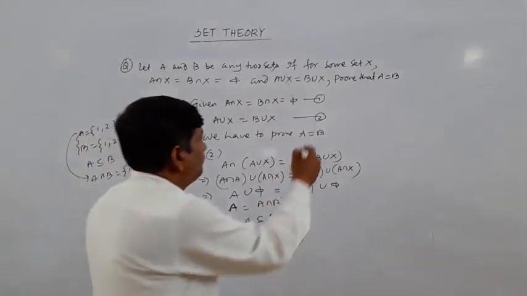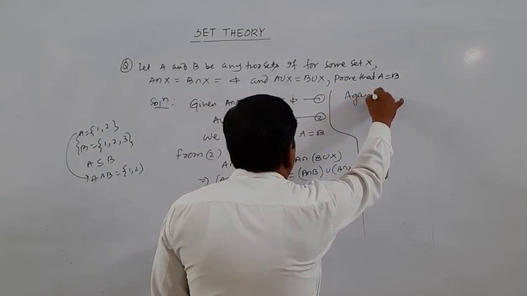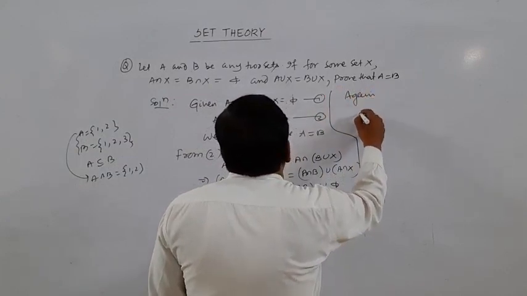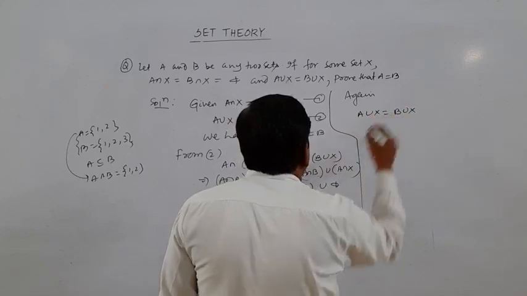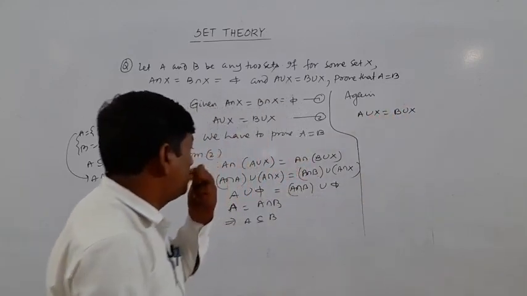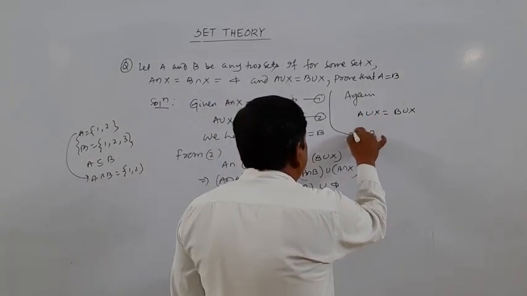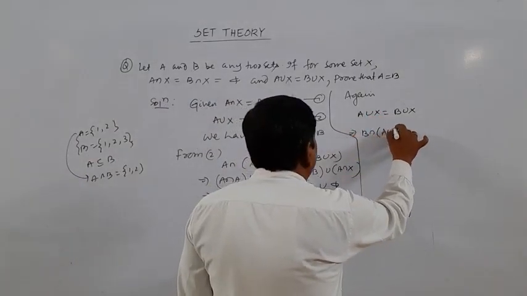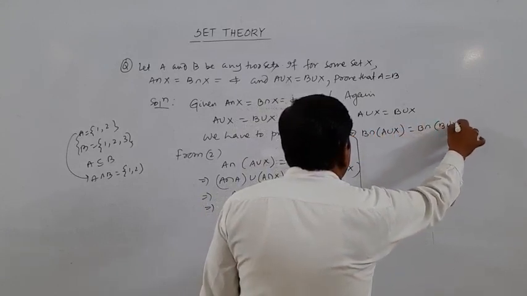Again, from equation 2: A union X is equal to B union X. Taking intersection with B on both sides: B intersection (A union X) is equal to B intersection (B union X).